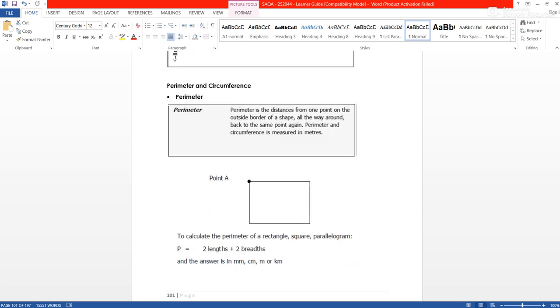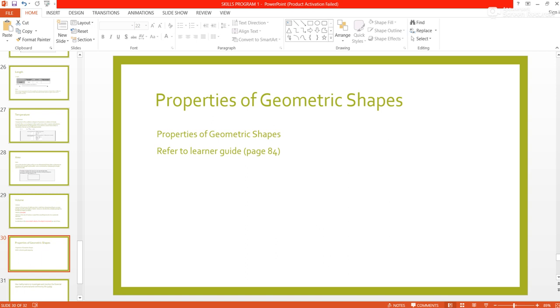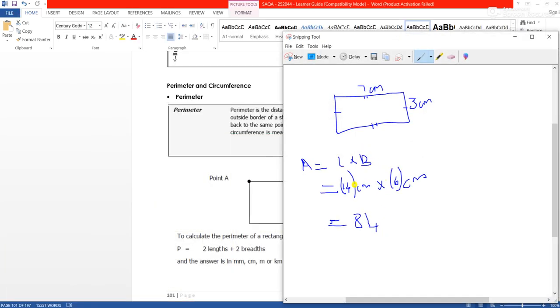In the example that I've provided, how I managed to get the 14 is more of using the perimeter formula. When you have a rectangle like this one, these sides are equal, and when you want a perimeter you have to add these sides.